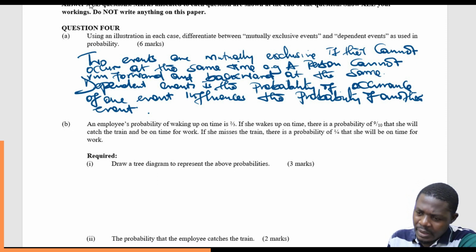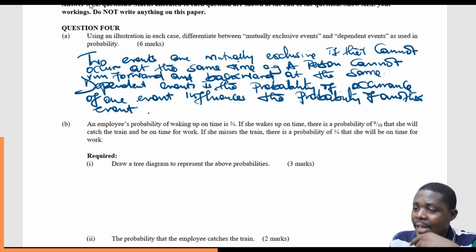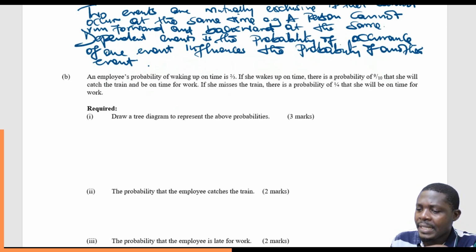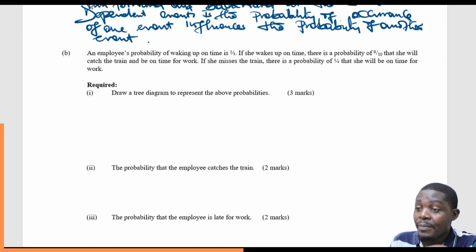Now, in this case, we are having two events: waking up early and oversleeping. We are told: Roman 1, draw a tree diagram to represent the above probability. Roman 2, the probability that the employee catches the train. Then the probability that the employee is late for work. Then the probability that the employee oversleeps and she's on time for work.